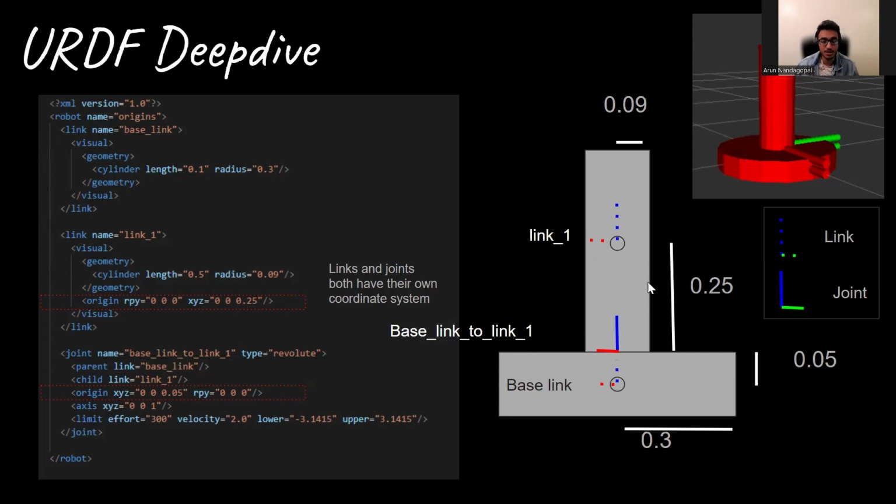So that's how it's all connected, as in the links and the joints and everything. Both the links and the joints have coordinate axes, and how you position them is how you will expect the final rendering to be. So if anything goes wrong in this, the final rendering will not be as you wanted.